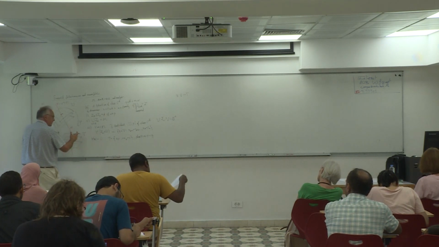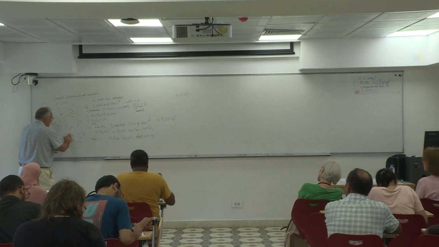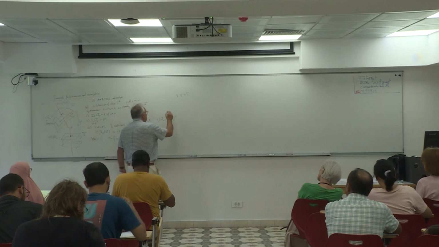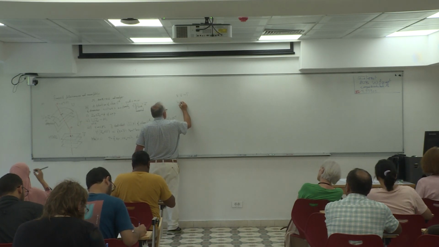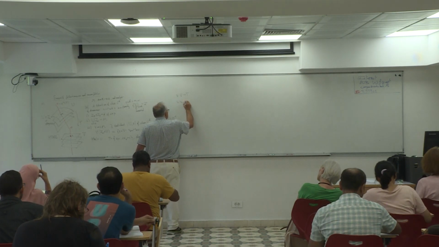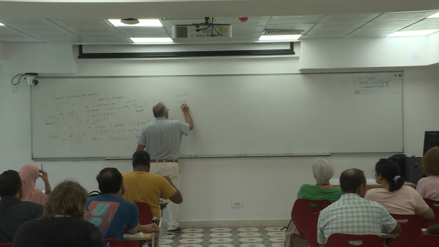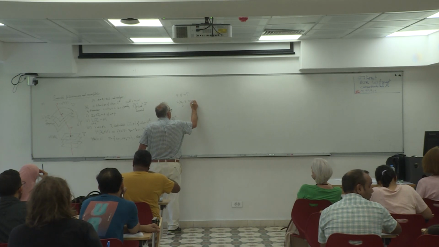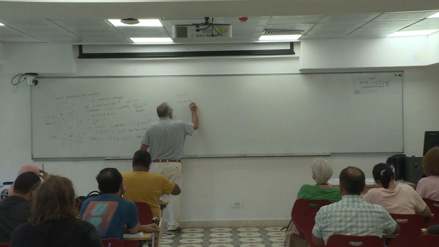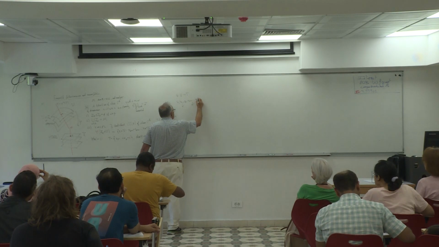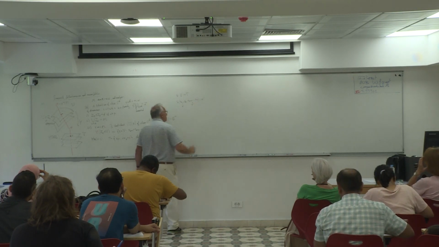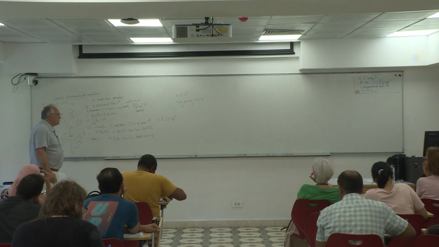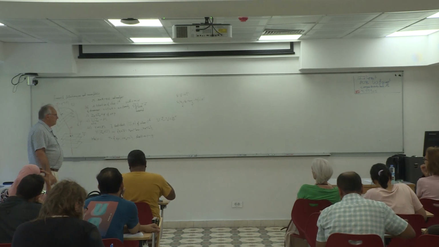It sends every plaque to the point where this plaque intersects T. So in coordinates, pi of (x1, ..., xp, x_{p+1}, ..., xn) is (x_{p+1}, ..., xn). The first p coordinates will be denoted x', and the last ones x''. So this is a projection.